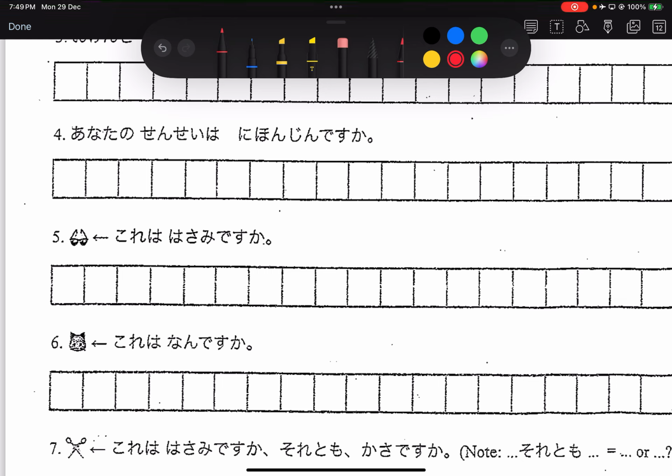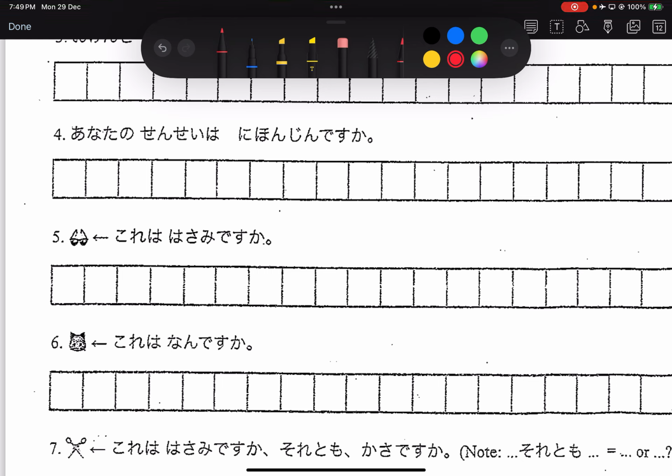Cannot understand. Okay, let's break out the sentence. あなたの先生 means? Excuse me is すみません, right? What is あなた？ あなた, remember? あなた is you, right?